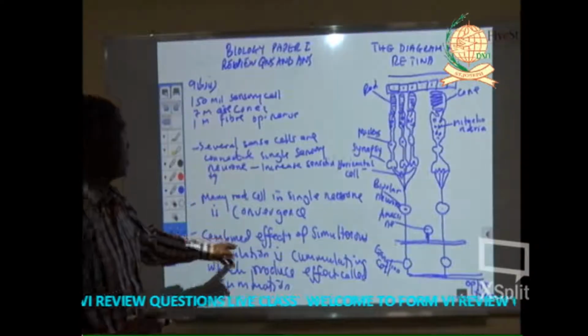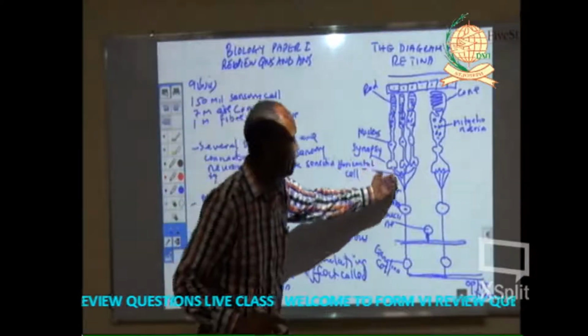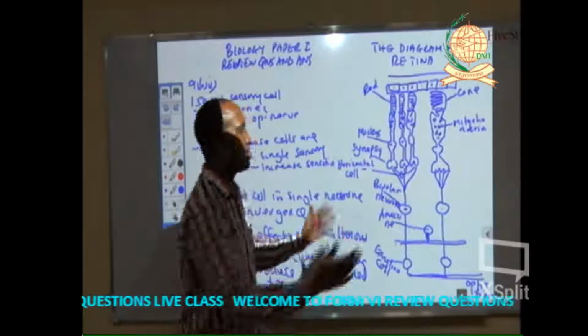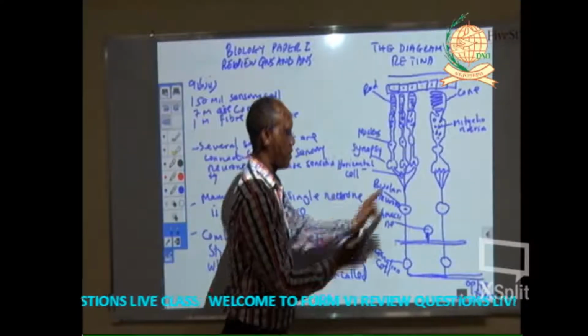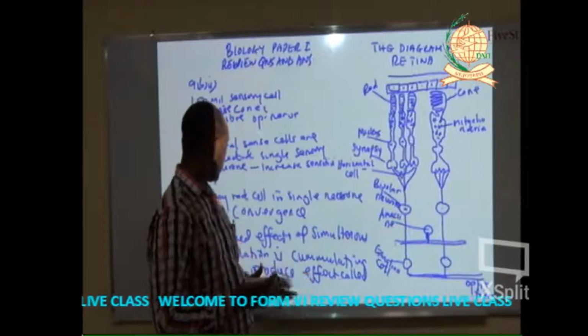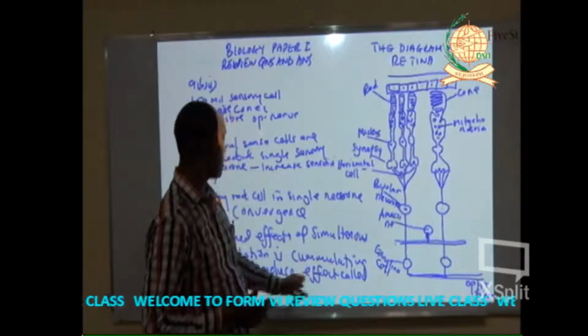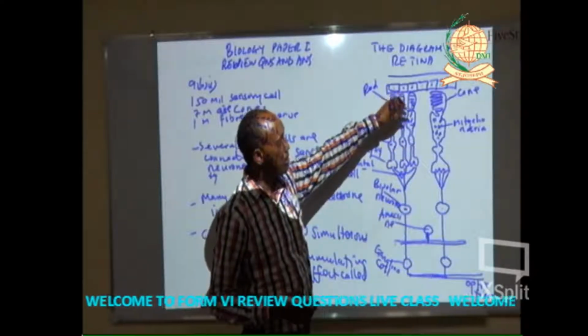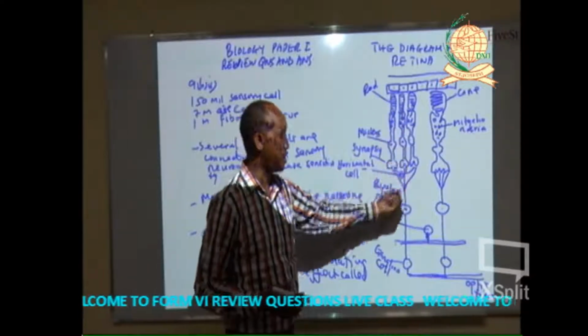You can see here the combined effect of this rod here and this one and here. This one is cumulative. It comes together, which produces this effect, which is called summation, the total of the action potential which is generated here.